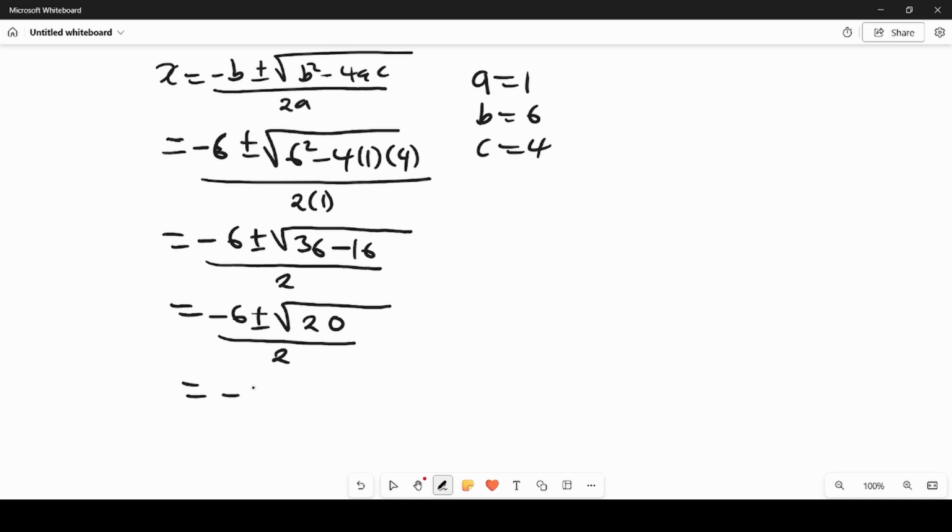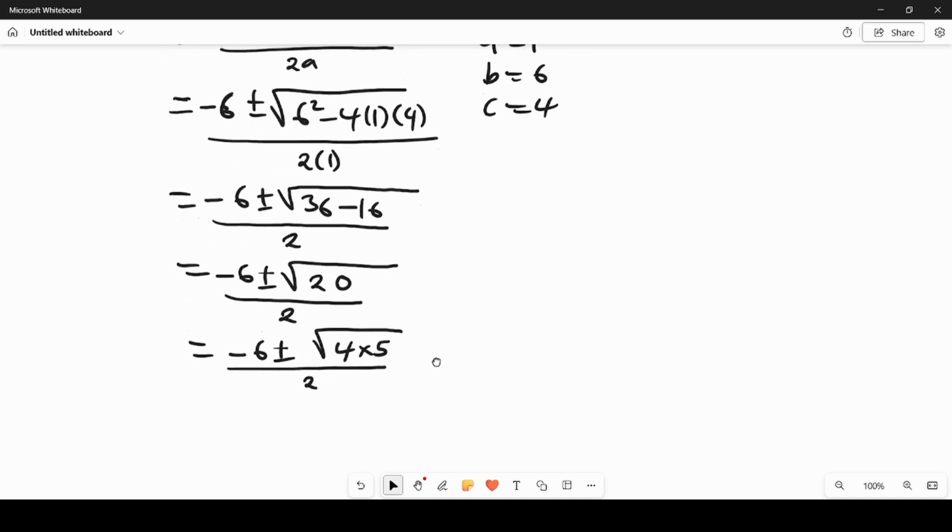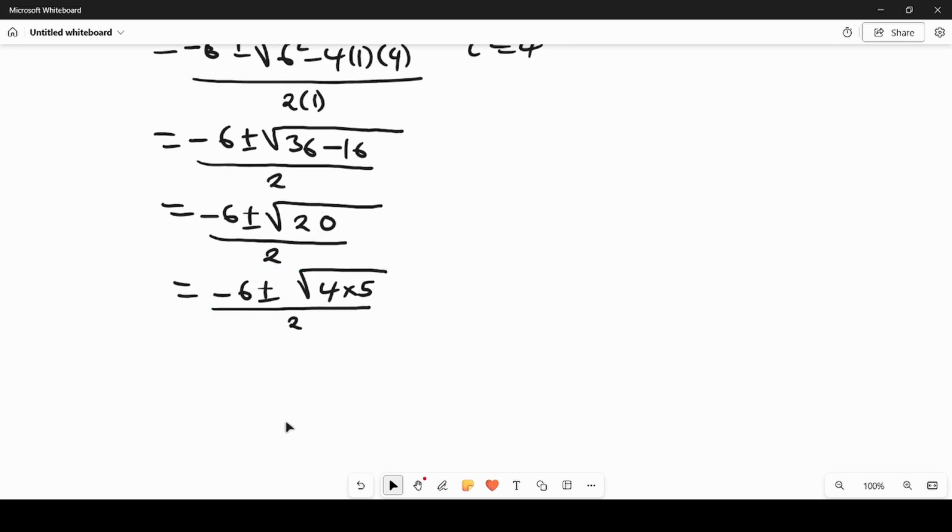So we can have minus 6 plus or minus, remember this is 4 times 5, over 2. But in case you can't express it in this form, you can just keep the square root of 20 there. But from here, this means that I can have square root of 4 times the square root of 5, over 2.